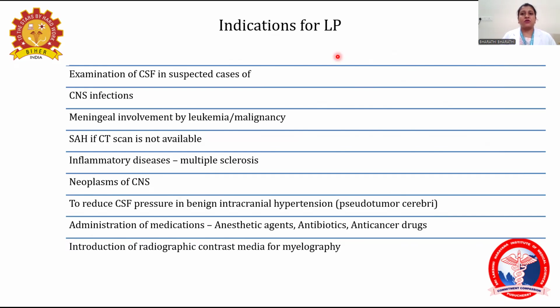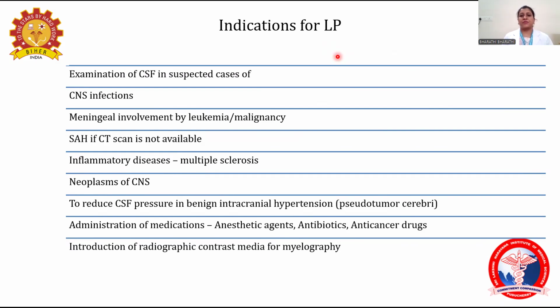If CSF is involved by blasts, we have to look at which stage it is, whether blasts are present or not. In subarachnoid hemorrhage also, if CT is not available, we have to look at how the CSF looks.